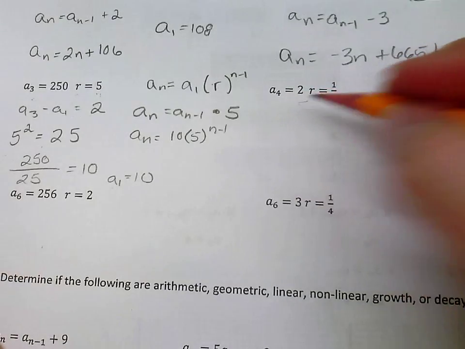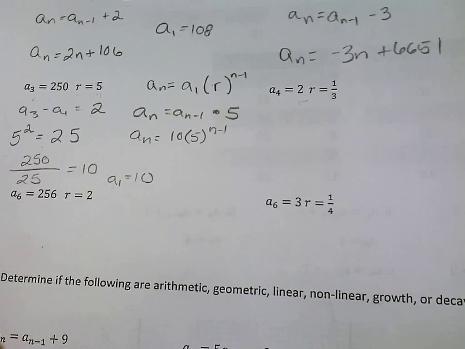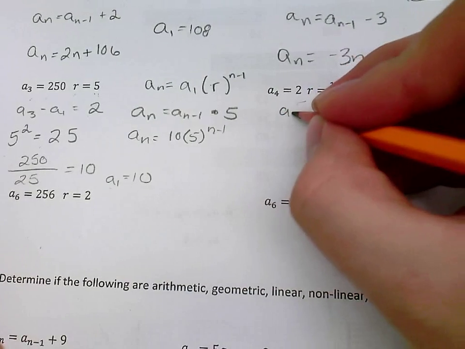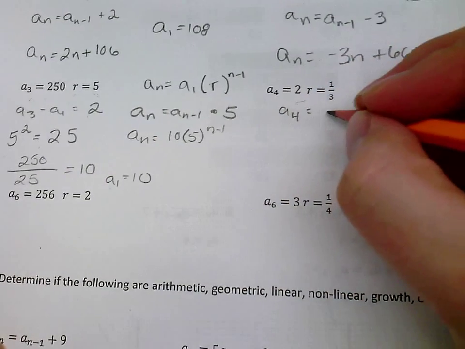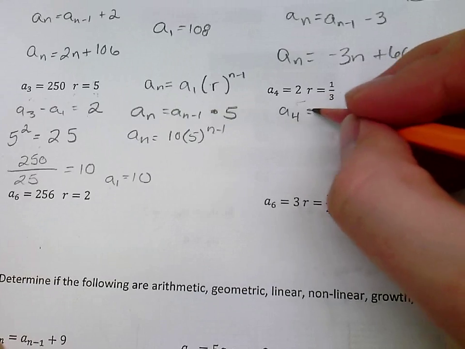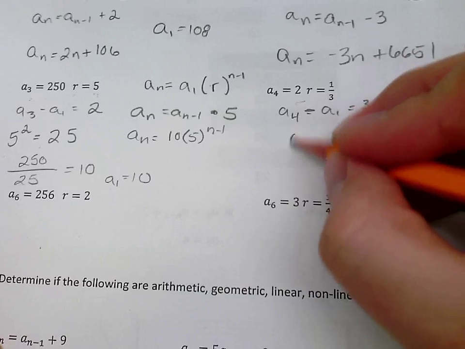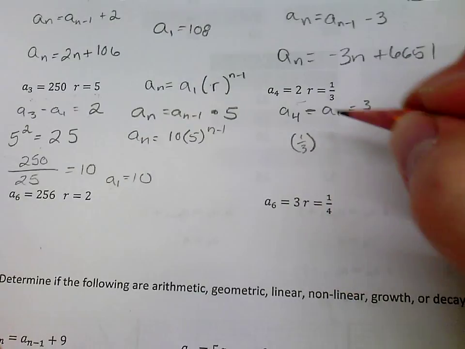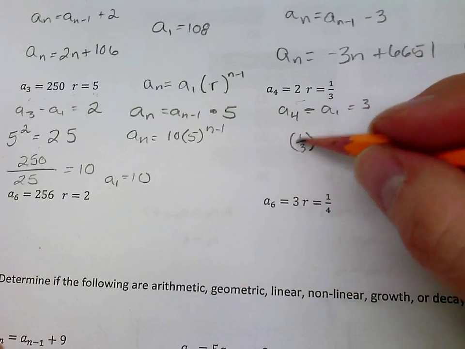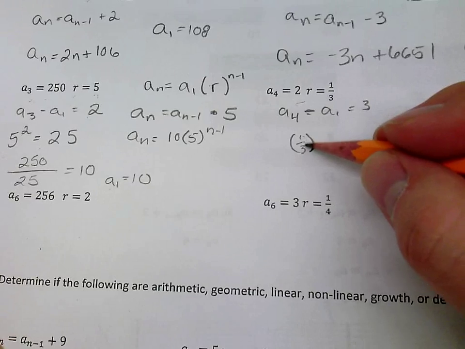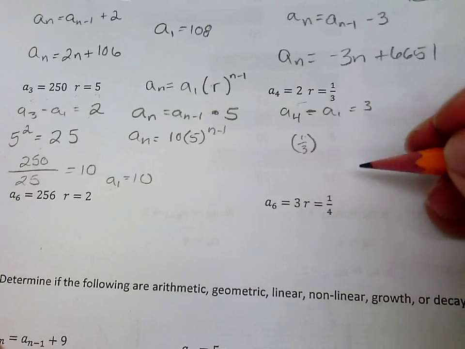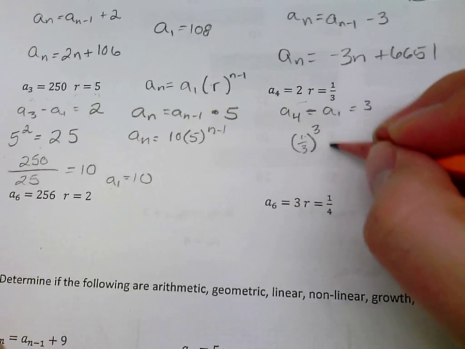Okay? Now this one over here. We have A4 equals 2 and R equals 1/3. So what we're going to do is first we're going to figure out how far A4 is from A1, which is 3 away. Then we're going to take the R, which is 1/3. So if you did this in your calculator, you're going to put parentheses 1 division sign 3 to the 3rd power.